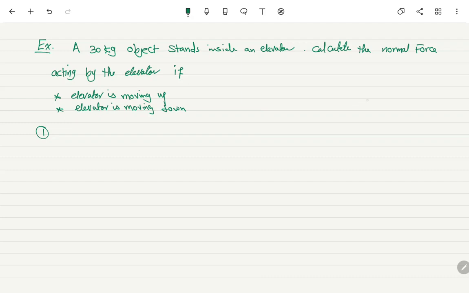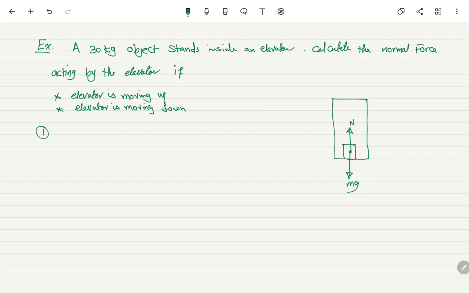So we have an elevator here, and we have an object inside the elevator. Now, the forces acting on this object are the weight, mg, and the normal force exerted by the elevator on the object.